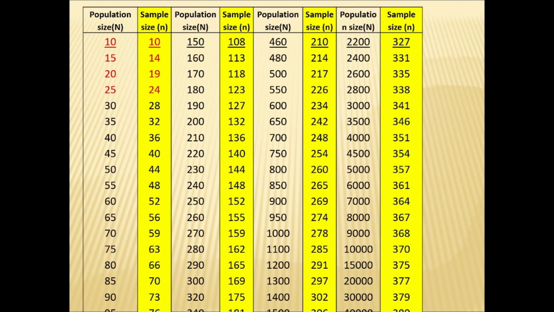So there you need to have a sample. If you are having a population size of 10, there is no question of a sample. The population size itself will be the sample size.